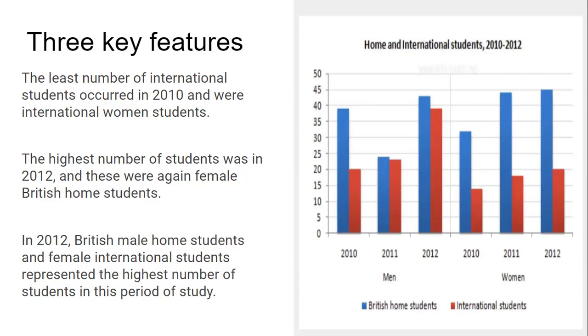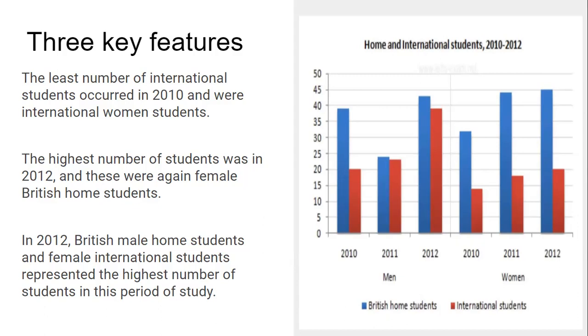Now we move on to the second one, that is highest. That's the blue one, 2012, and British home students. So the highest number of students was in 2012, and they were again female British home students. Here the word again is for the female, not for the British home students, right? All right, we move on to the third key feature, that is in 2012. Now, in the first and the second, we have already talked about women.